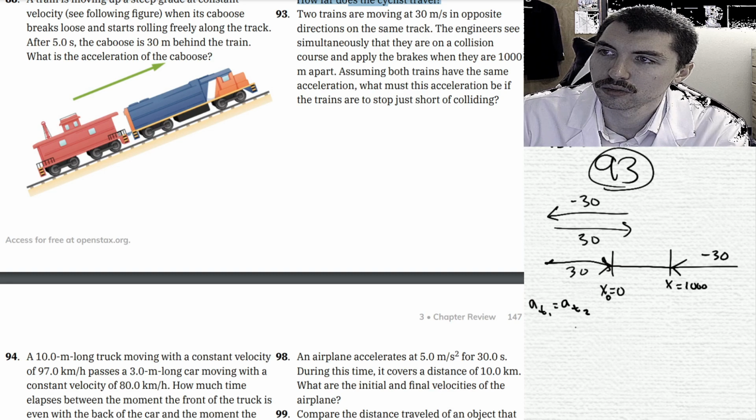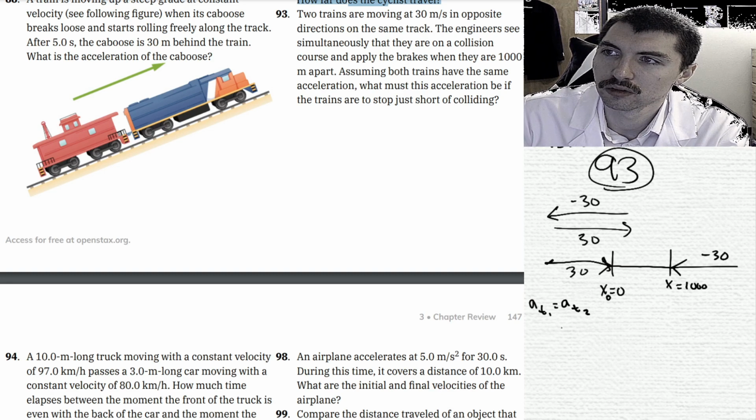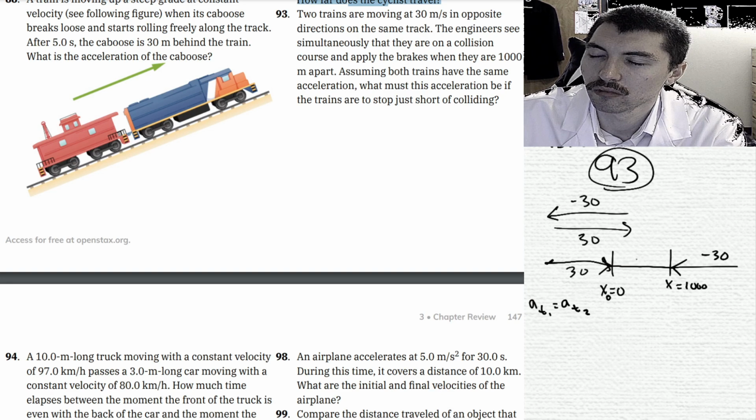Okay, so we need to stop here. We need to decelerate to be here.